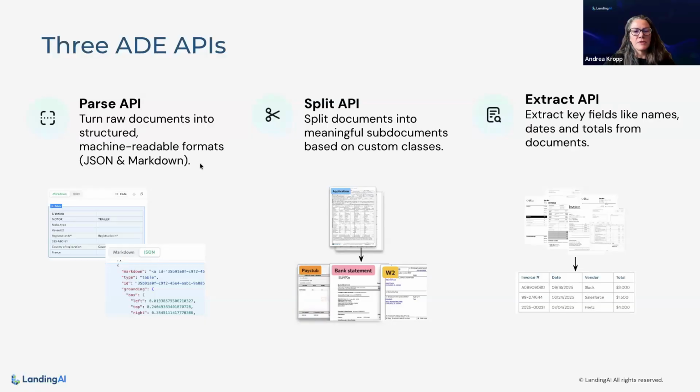First, parsing the document, which is going to basically create a representation of everything that exists in the original. Then the split API, in case you have a bundled document that you need to disentangle and separate into different pieces. And then the extract API for pulling out key-value pairs.